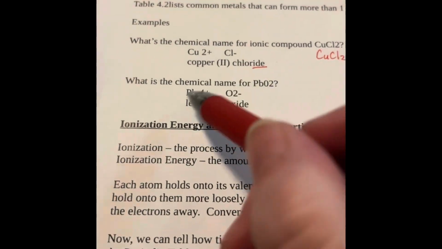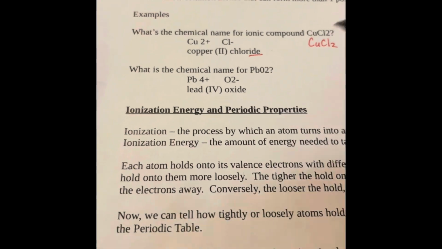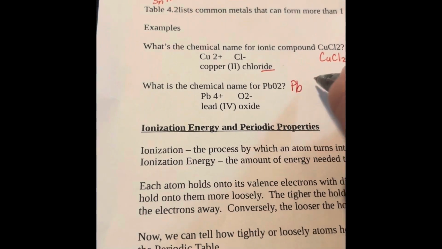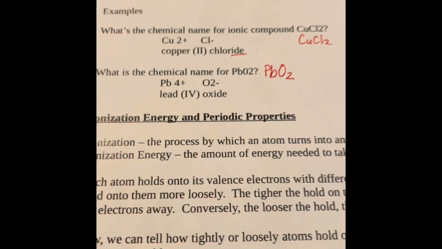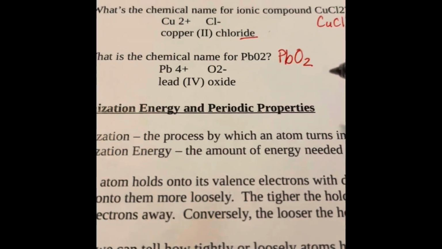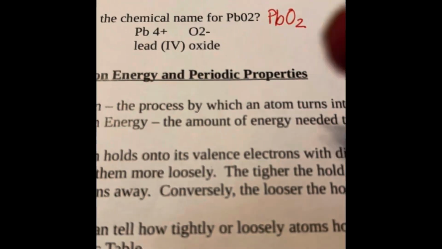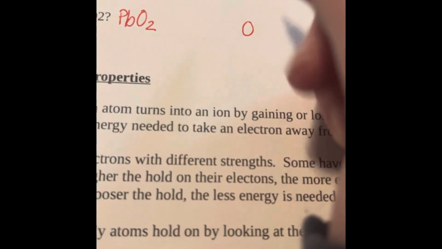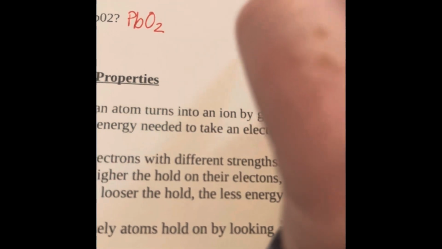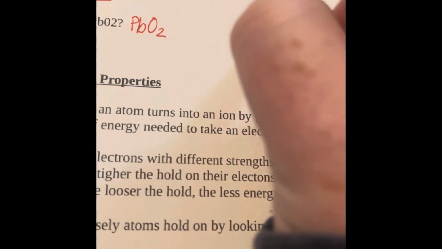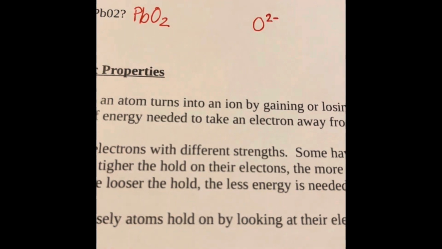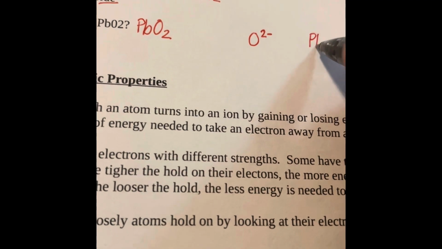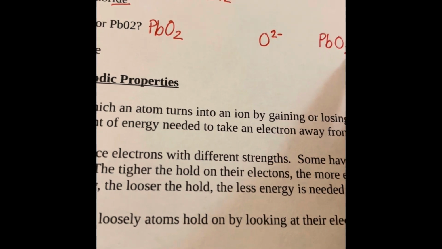What's the chemical name for PbO2? It should be written like this. This is a little bit trickier because you know that oxygen, if you look, is in group 6A, so it's going to have a -2 charge, but they show you the structure as this.